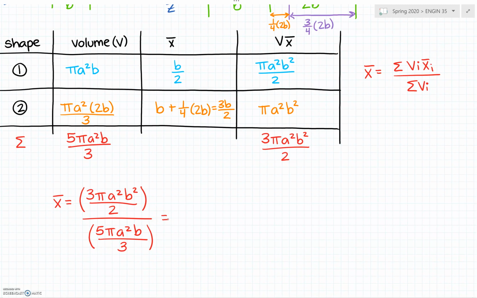And a lot of things cancel out here, and I end up getting x bar is equal to 9b divided by 10.